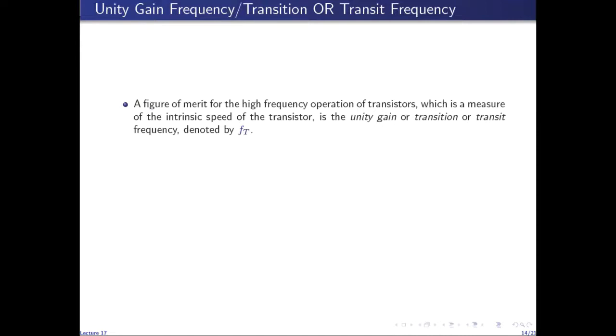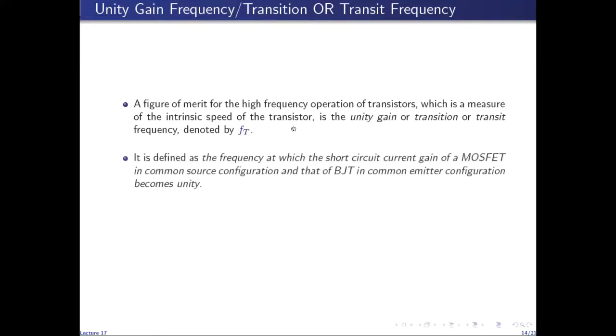So a figure of merit for the high frequency operation of the transistors, which can be used to rate the device and in fact rate the use of the device as an amplifier, is called the unity gain or transition or transit frequency, and it is denoted by F subscript T. This frequency, which is a measure of the intrinsic speed of the transistor, is defined as the frequency at which the short circuit current gain of a MOSFET in common source configuration, or the short circuit current gain of a BJT in common emitter configuration, drops down to 1.